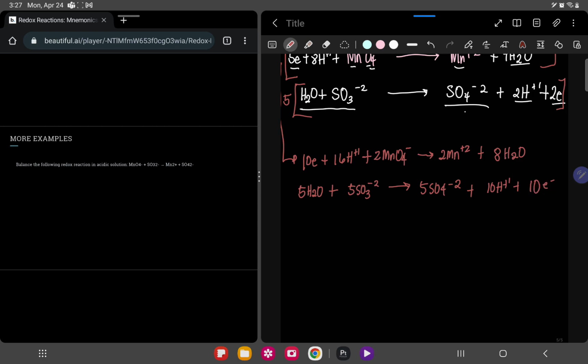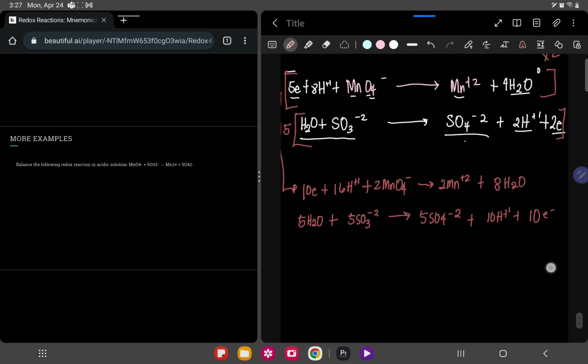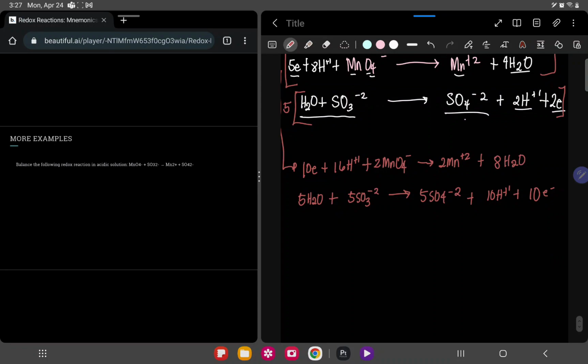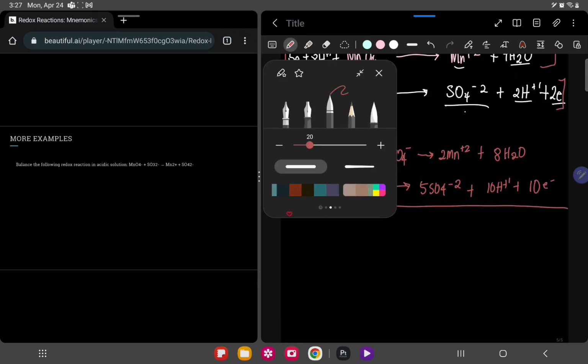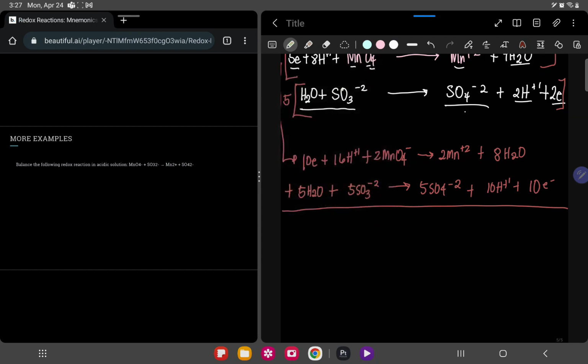Okay, so this is the total equation. Now the only thing that we are left with is to add all of the following in one single equation. So for this part, I'm still gonna use a different color. Okay, so we have 10 electron plus 16 hydrogen plus 2 permanganate plus this one.